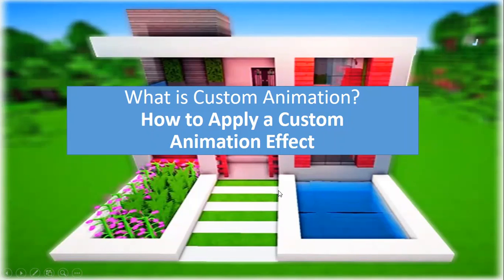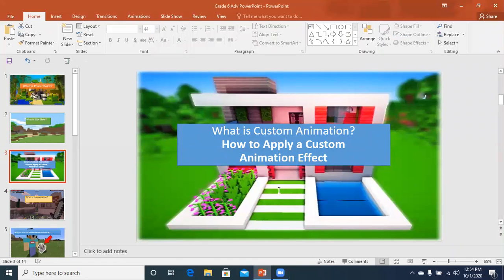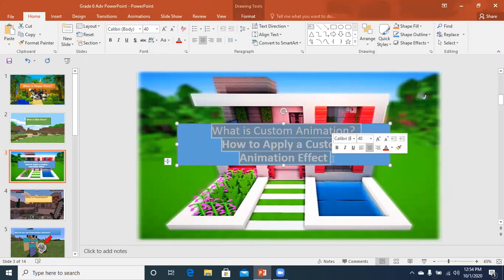Okay, I'm skipping this slide. Now, to apply the animation effect, first select the text. Suppose I'll select the text over here. This text I have, you can insert other objects or pictures, any cartoon pictures, and select the animation tab over here.